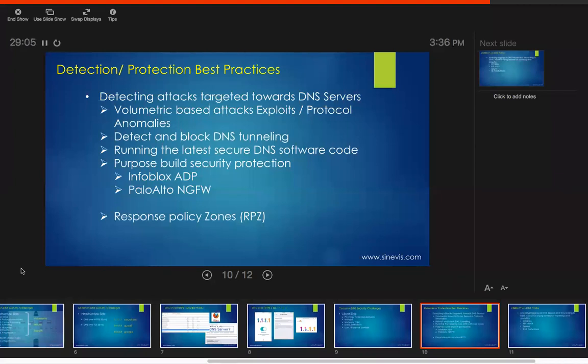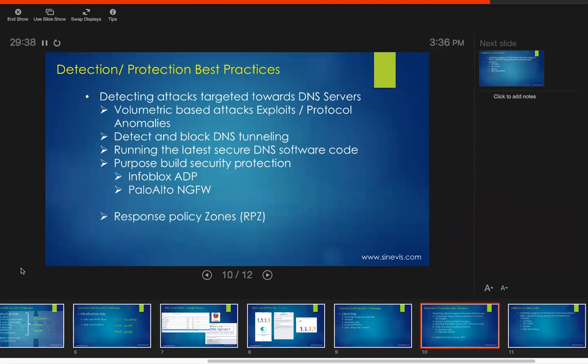They are not specific to DNS. If it's a slow DDoS, not too much volume of traffic, these solutions might not detect it. Arbor has a module specifically for DNS, but others might not. So we need to look at solutions which are purpose-built, or which have a feature to detect DDoS, DoS or volumetric attacks based on the DNS protocol itself.